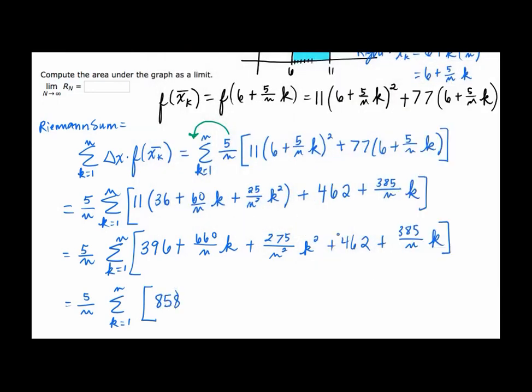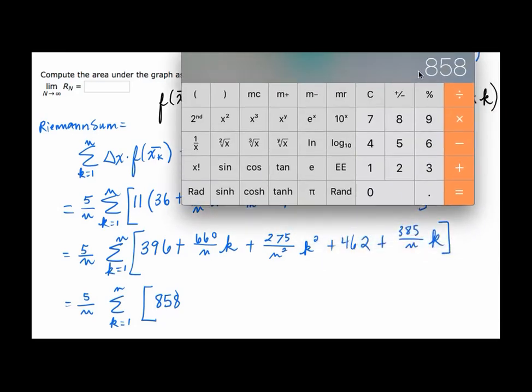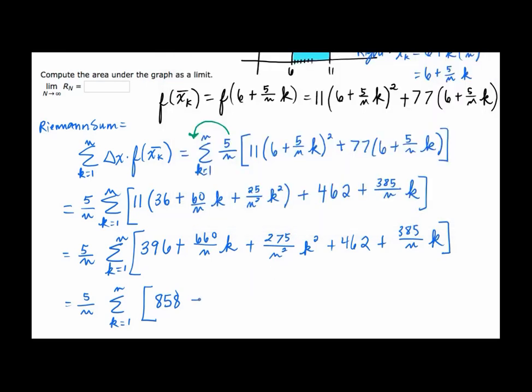It's adding this and this term. Now looking at this, we have two terms with a single k, 660 over nk plus 385 over nk. So I'm going to add the 660 plus the 385 to get 1045 over nk. Plus the last term is 275 over n squared k squared.